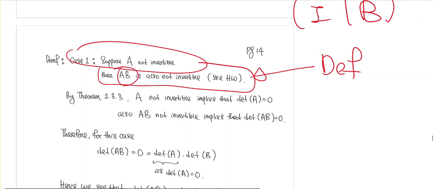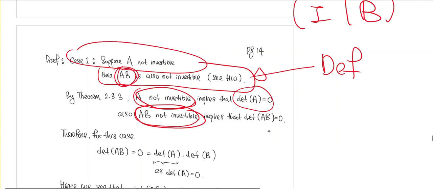By the theorem we have just seen, if A is non-invertible, the determinant of A cannot be non-zero. It has to be zero. Also AB is non-invertible, so the determinant of AB also has to be zero.